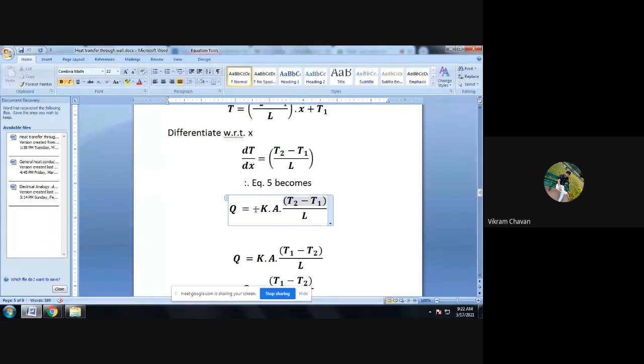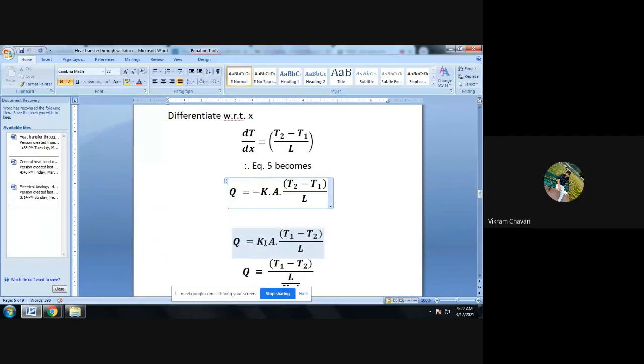After absorbing the negative sign, T2 becomes minus T2 and minus T1 becomes plus T1. So our equation will become q is equal to k multiplied by A multiplied by (T1 minus T2) divided by L.